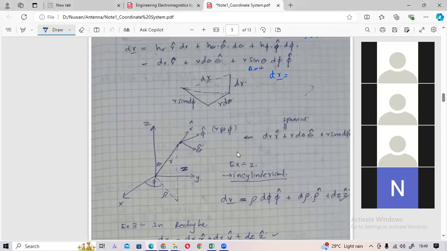Any little shift of a vector can be written as dx in the ax direction, where ax is the unit vector, plus dy ay, plus dz az.